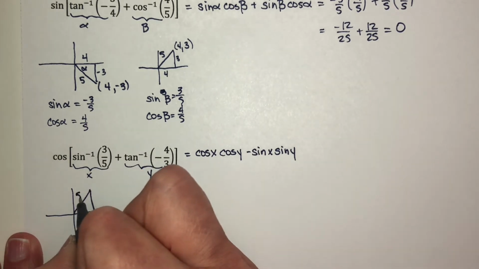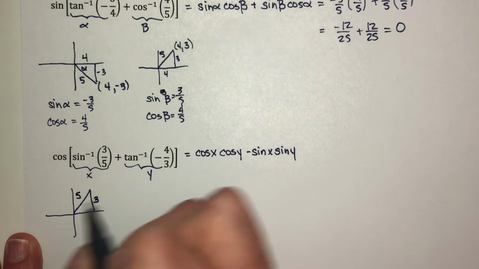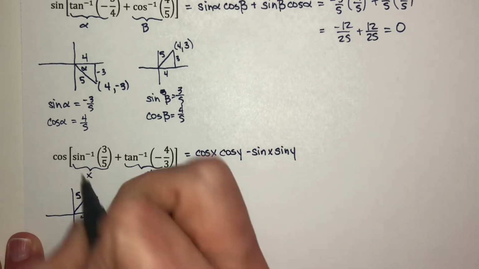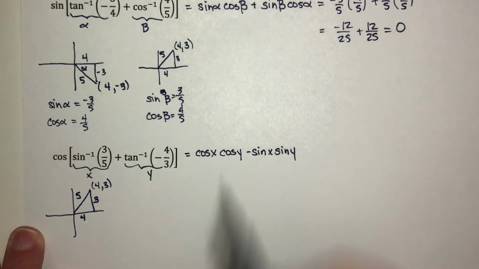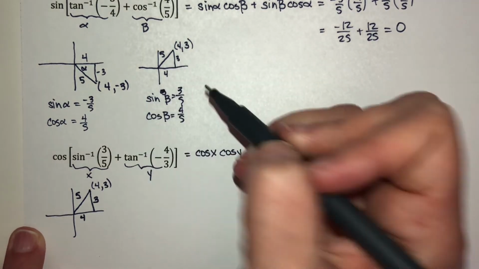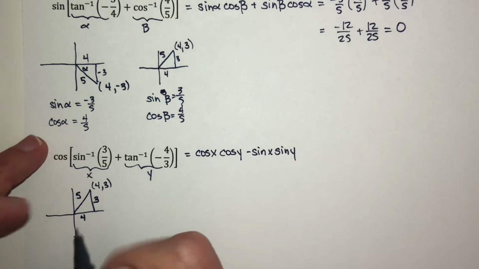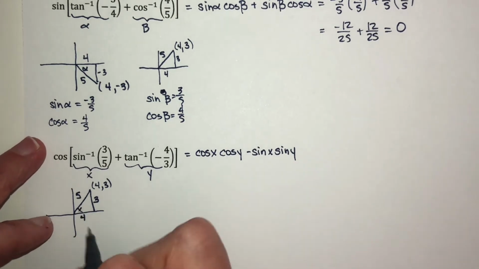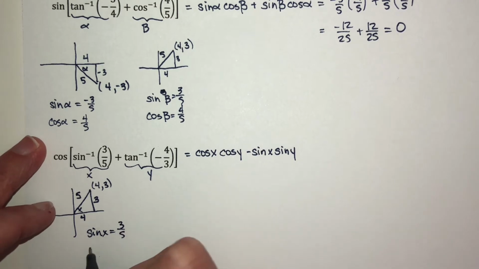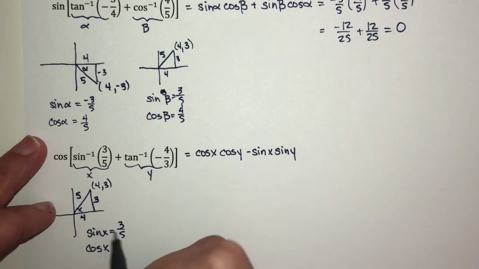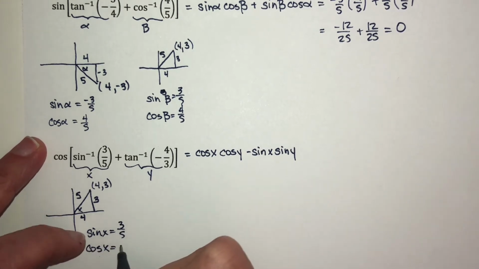So this is 5, this will be 3, and this is 4. So it's the point 4, 3 up there. So it's exactly the same as up here. And this is my x. All right, so sine of x is 3/5. Cosine of x is 4/5.